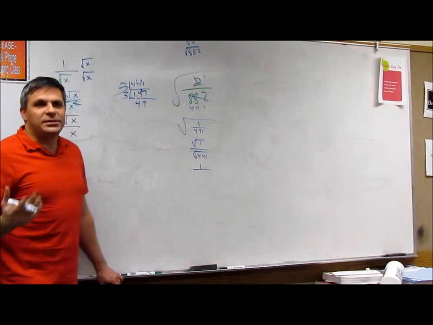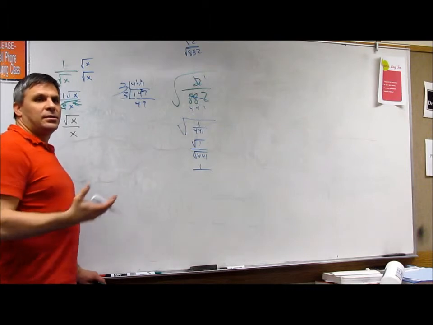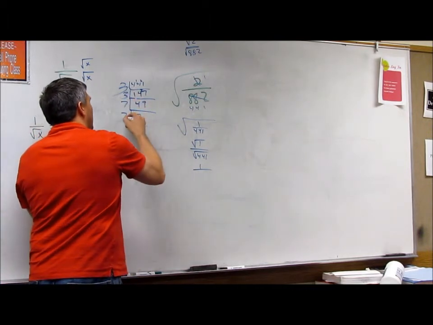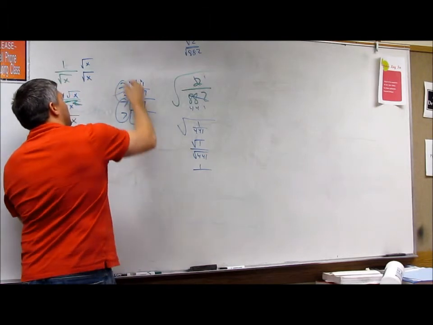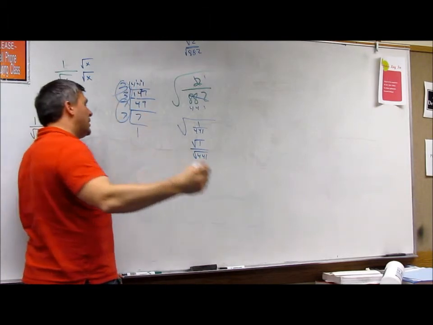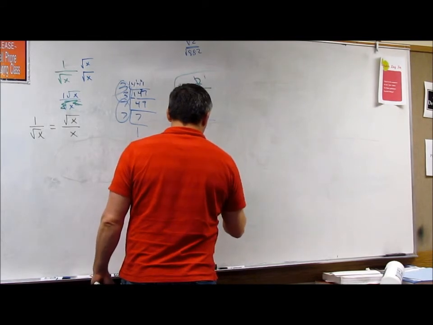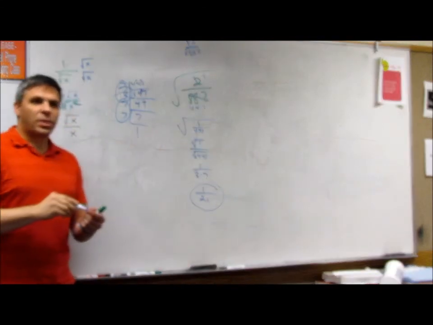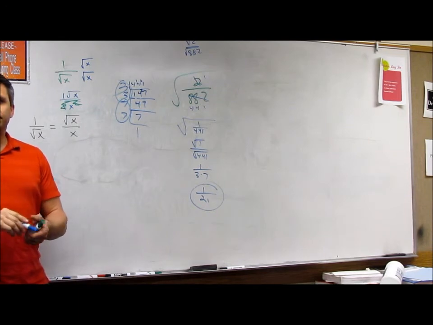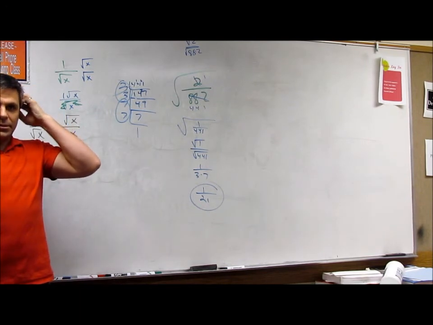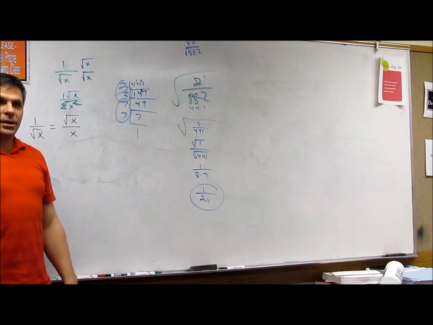Now do we see something happening here? How about 7 and 7? Trade 2 for 1 and 1. So what do you get? 3 times 7. So what do you get? 1 over 21. Okay? Not too bad.